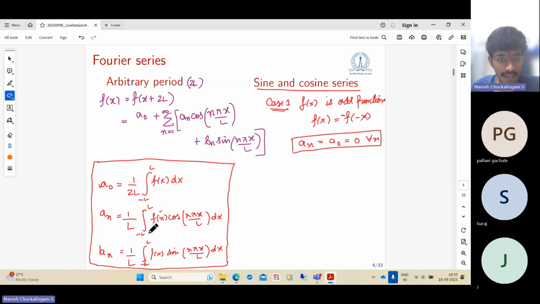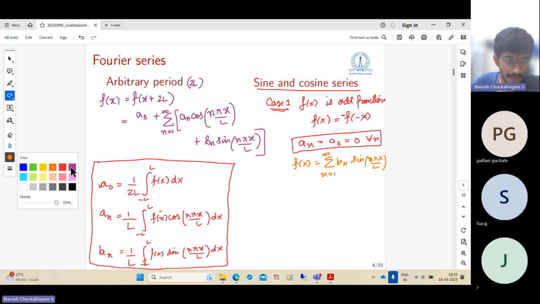So when you integrate from minus L to L, the area below the x-axis will be equal to the area above the x-axis. So an will be 0. So you only have f of x equal to summation bn sin n pi x by L. And bn is as usual given by this. There's no change in that.